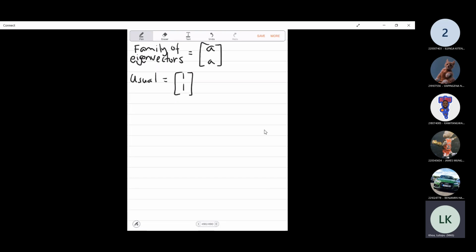Okay, that's the eigenvector associated with lambda equal to 5.